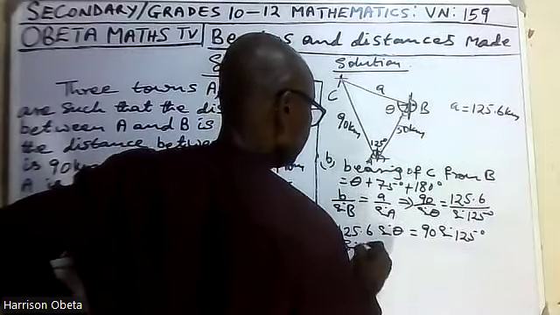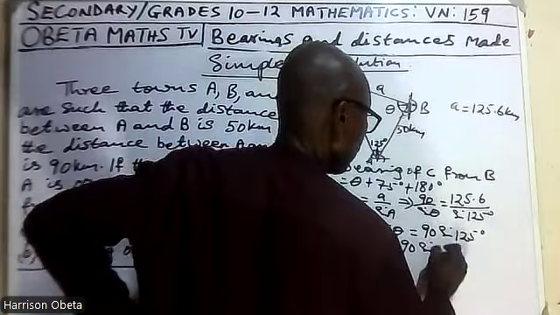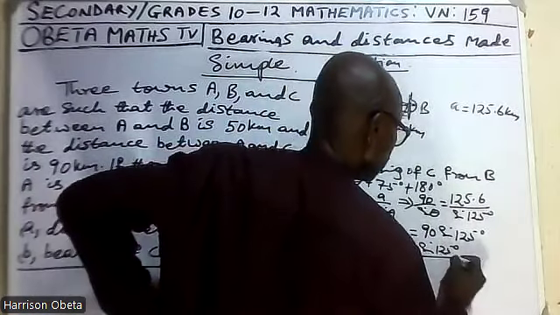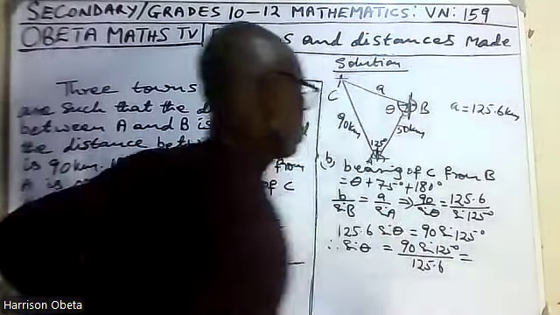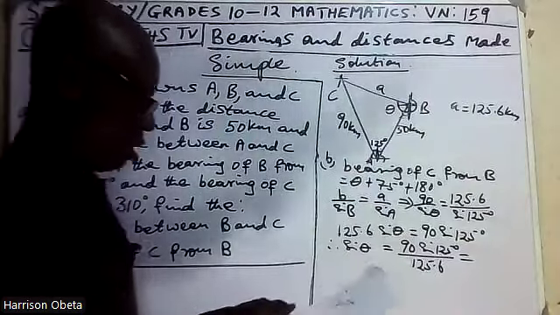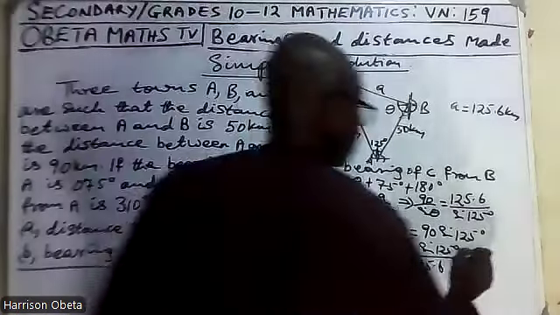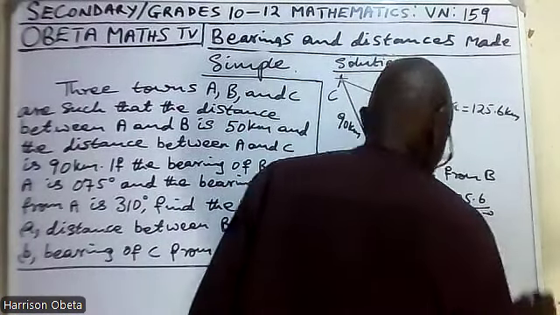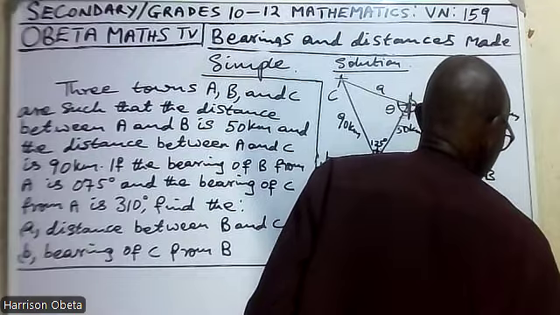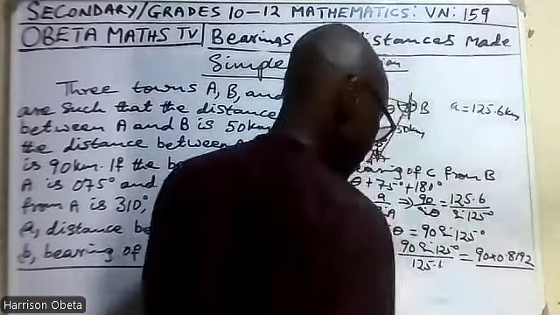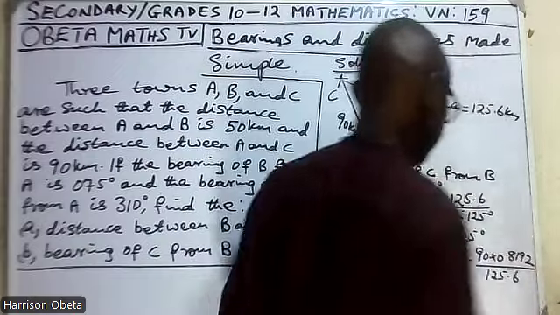Therefore, sine theta should be equal to 90 sine 125 degrees divided by 125.6. So you check your calculator, and that will give us 90 times 0.8192, and we are dividing by 125.6.